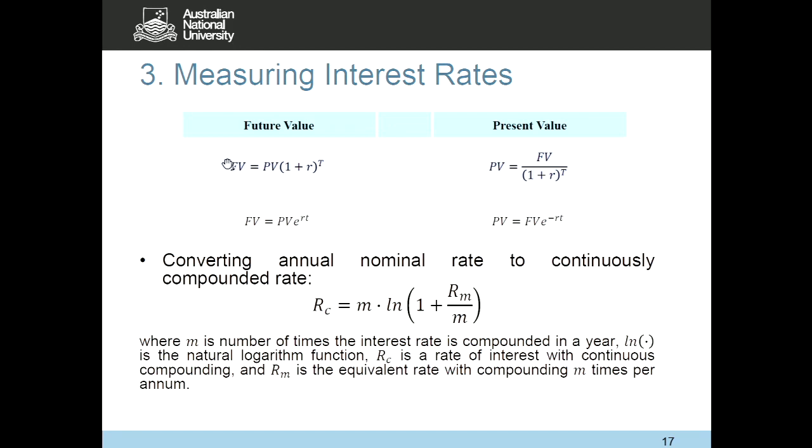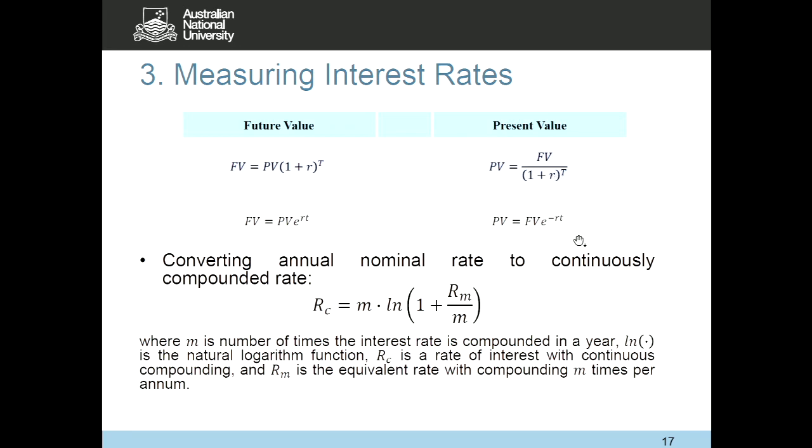So that's the discrete version that you learned from Foundations of Finance. You take the present value, you multiply by 1 plus r raised to the power of t, you get the future value, and at the bottom of this panel, it shows the continuous time version. Now, with present value discounting in discrete time, you take the future value and divide by the discounting factor, which is 1 plus r raised to the power of t.